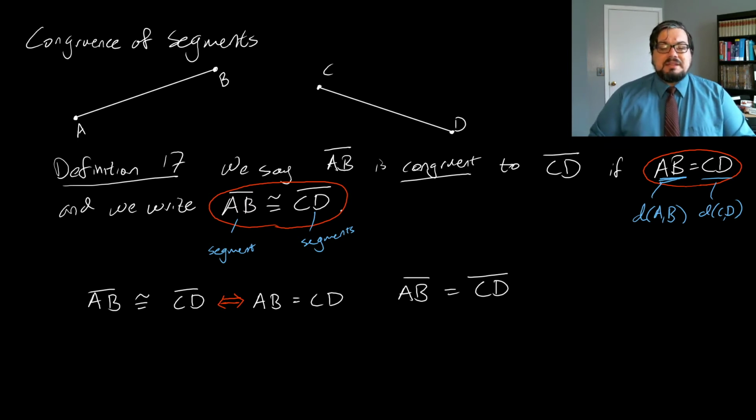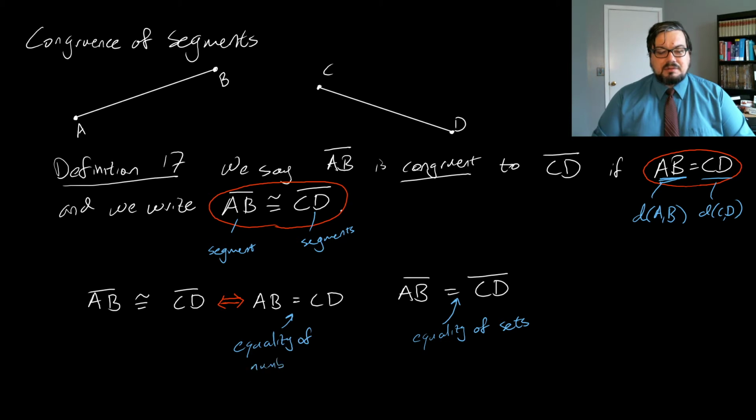However, that doesn't mean that the segment AB and the segment CD have to be equal. This symbol right here, this equality, now means equality of sets, whereas the equality in the second case is equality of numbers. So to say that the segment AB is equal to the segment CD means that they contain exactly the same points.